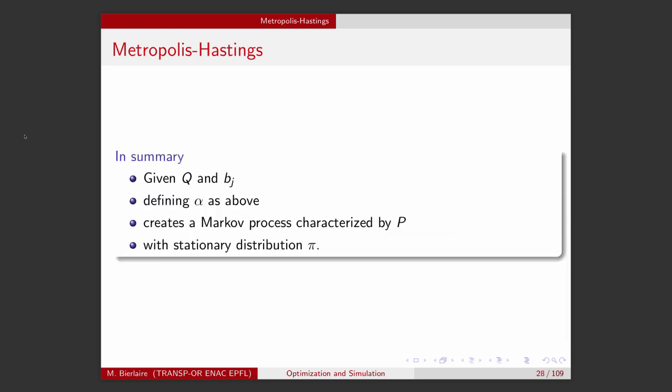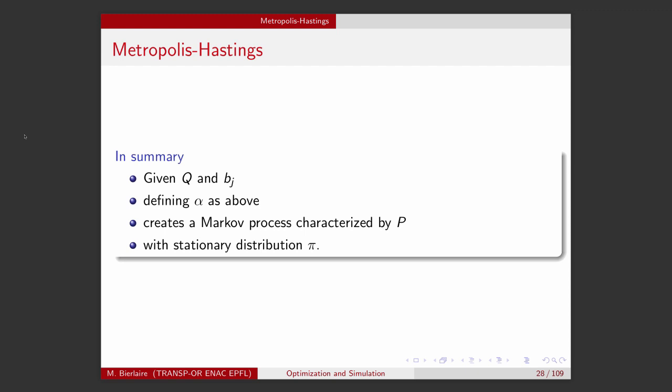The algorithm can be summarized as follows. You give me Q, and you design Q, which is the transition probability matrix of a Markov process that is designed to explore the space. And you also give me a target probability distribution based on numbers that are proportional to the probability. So I don't need to normalize them.